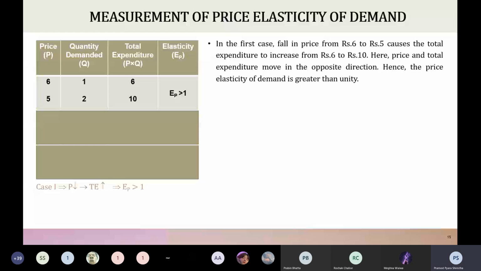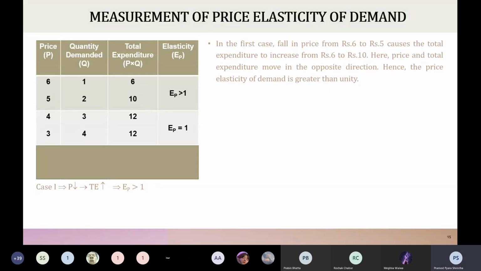Similarly, the next case is when price falls from 4 rupees to 3 rupees. This is another portion of the table, and in the second case, you can see price falls from rupees 4 to 3, and quantity demanded increases from 3 units to 4 units.